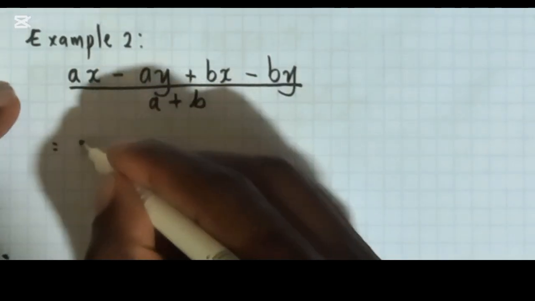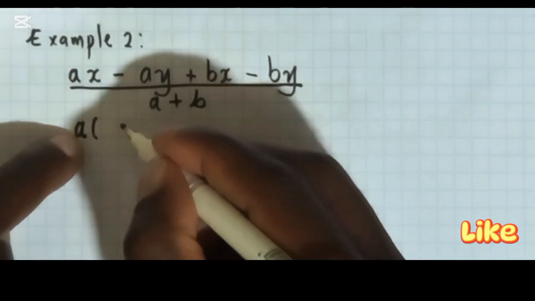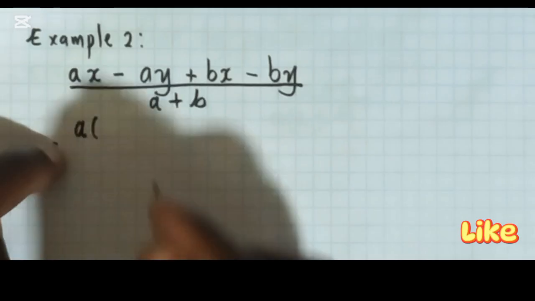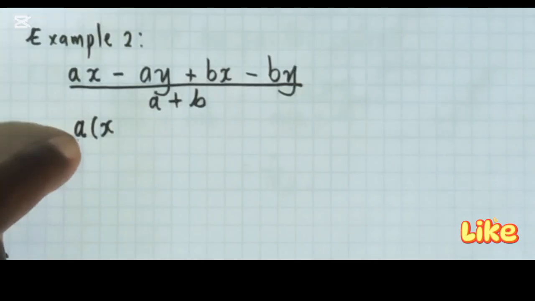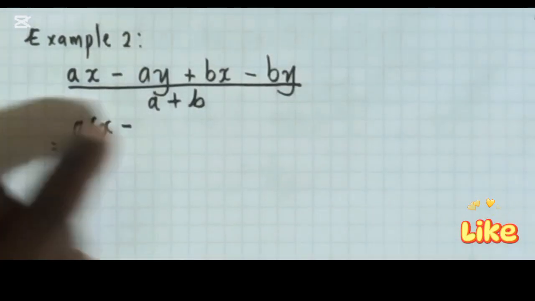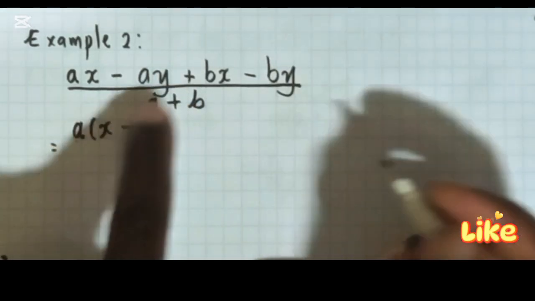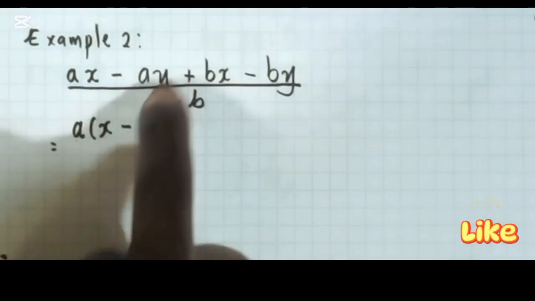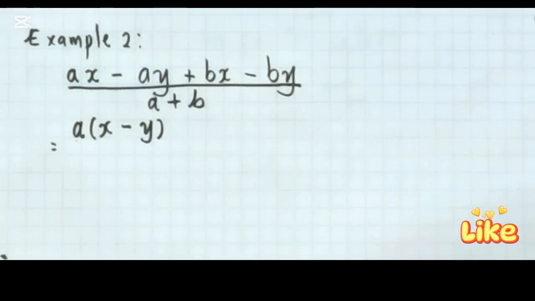So when you factor that a out, we're going to have a into ax divided by a will give us x, as a is our common divisor there, minus ay divided by a will give us y. So we've factorized our first pair.